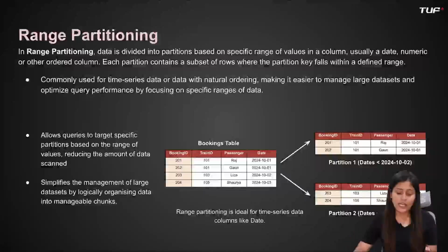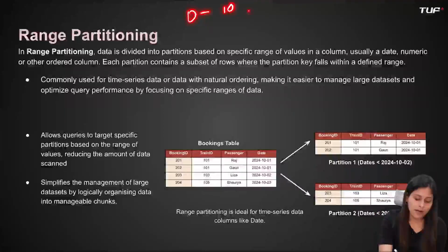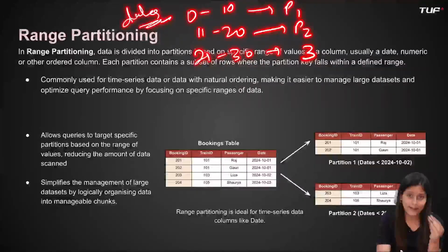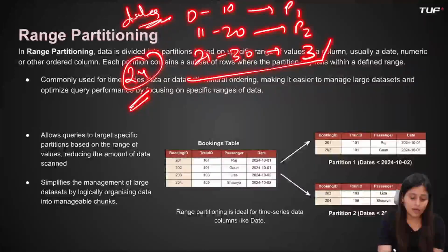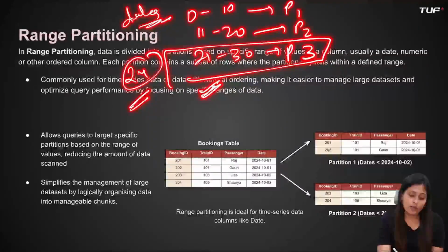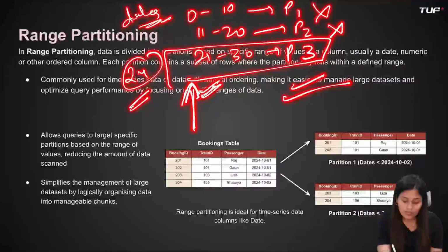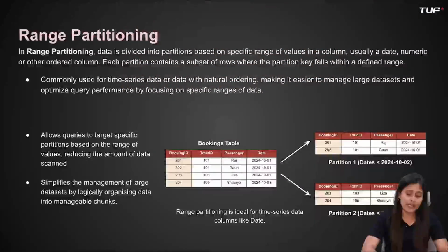If you have saved the data on the basis of range, 0 to 10 in partition 1, 11 to 20 in partition 2, and 21 to 30 in partition 3, let's suppose these are the dates, and you want to search for data having the date 24, then logically also you know that it will fall in this partition. So you will better search in this partition instead of searching in P1 and P2. Hence, it increases the performance, right? That is all about range partitioning.